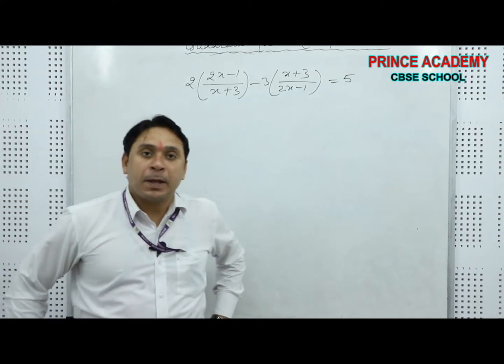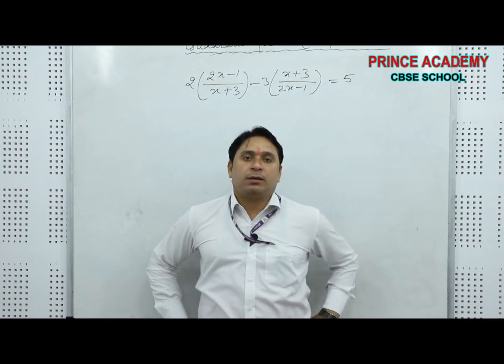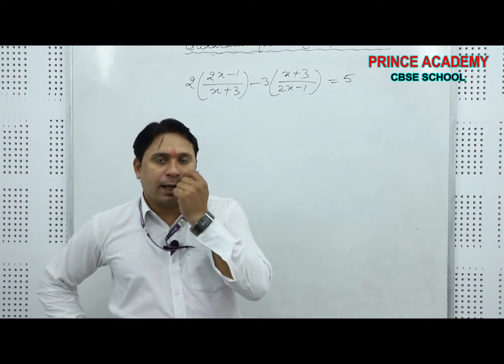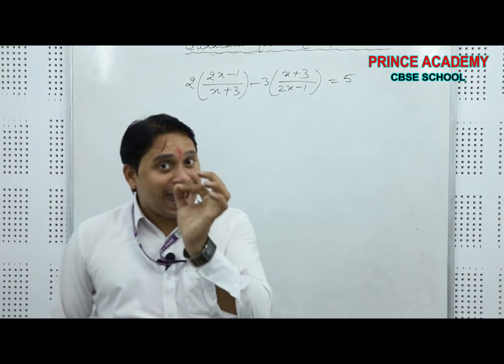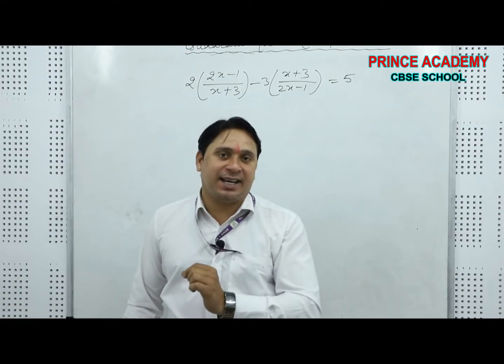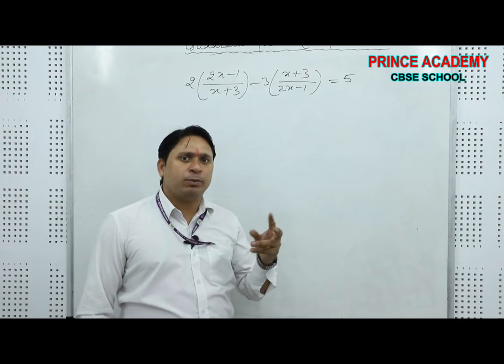See, in this method, I will use substitution of some variables. See beta, if you have a keen observation, you can very easily observe one thing here, that reciprocal type of things are here.